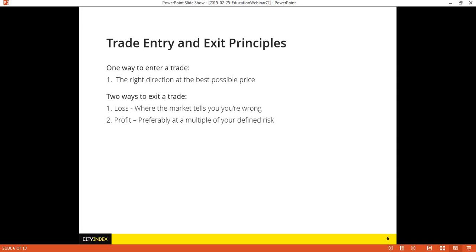Now, in terms of profit, of course, which is what we all want, we want it preferably at a multiple of our defined risk. So I'm looking to have my wins outweigh my losses. Why is that? That's because I'm not perfect, far from it, and neither is anyone else. So basically, we want to make sure that even though we're going to lose a lot of our trades, our winnings outweigh our losses.